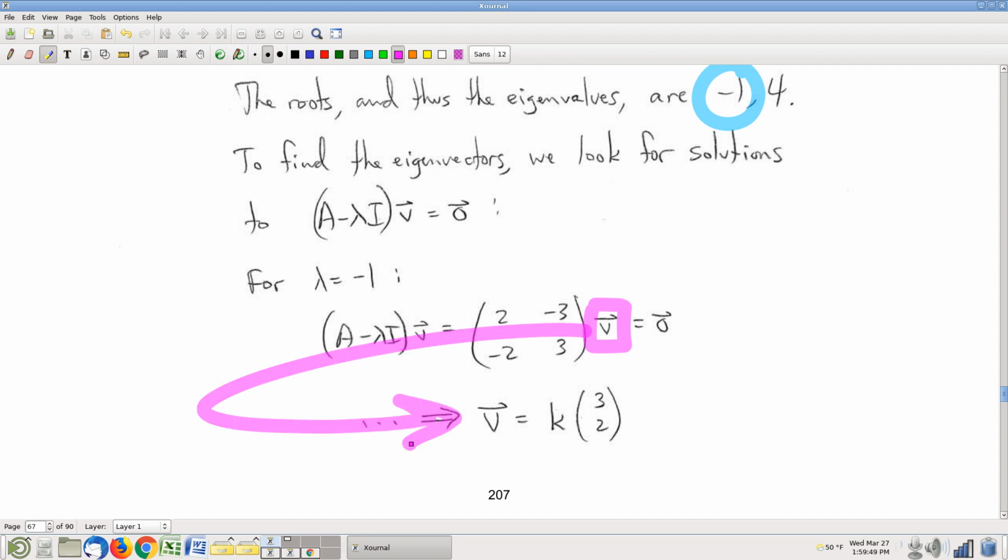You guys remember how to do row reductions, right? And what you'll find is that all of the null space vectors of A minus lambda I are multiples of the vector (3, 2). So make sure you can do that row reduction. I know it's a flashback to chapter 1 a long time ago. Okay. Questions? Everybody okay?